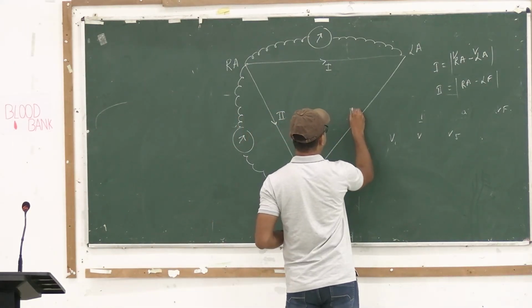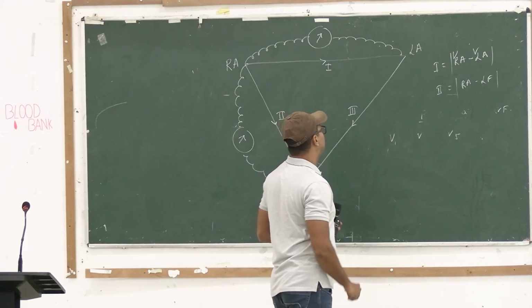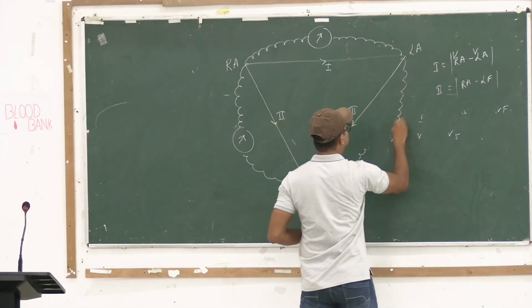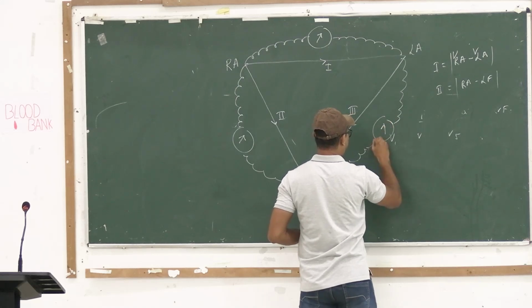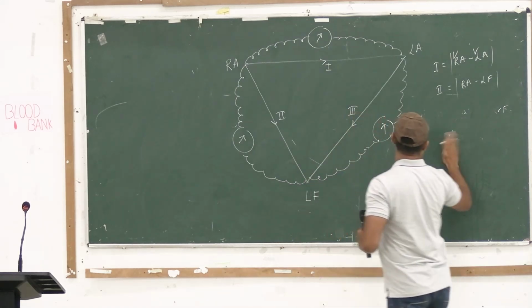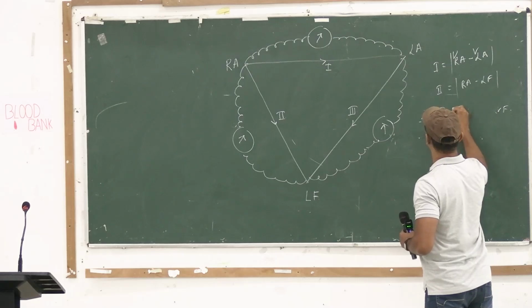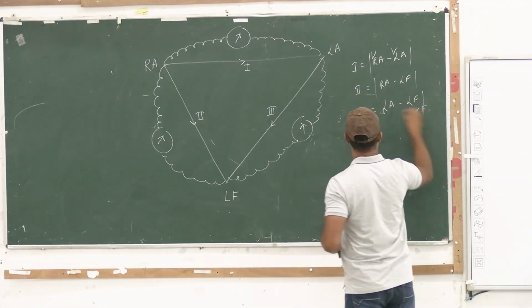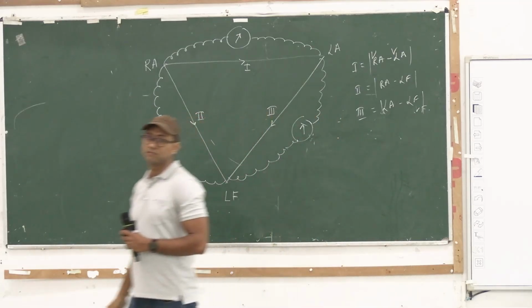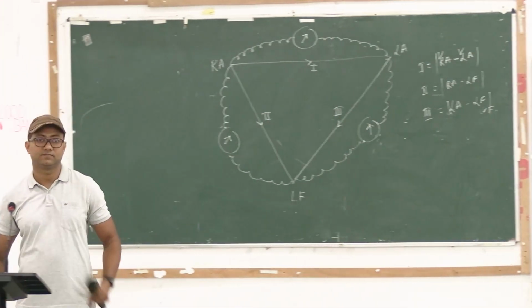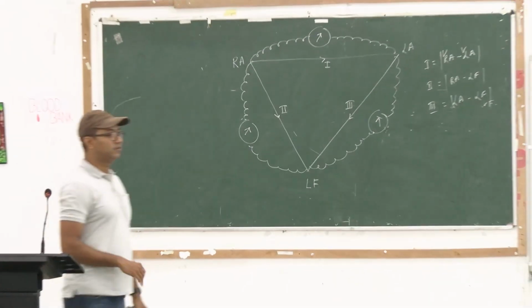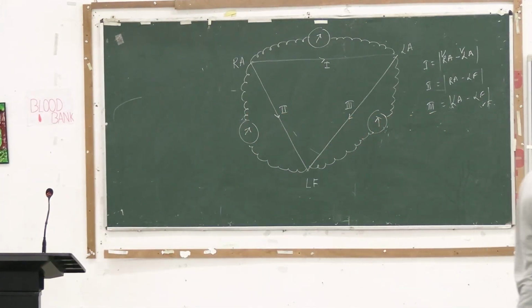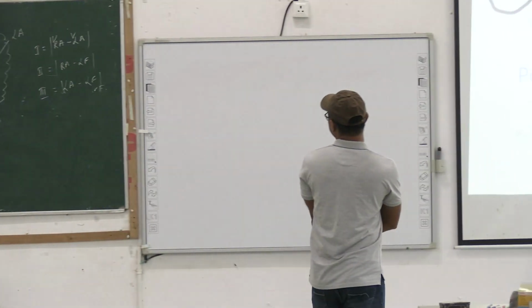Lead 3, again take copper wire and a voltmeter, right? So lead 3 is the potential difference between LA and LF. So see, we have already built 3 leads of ECG.